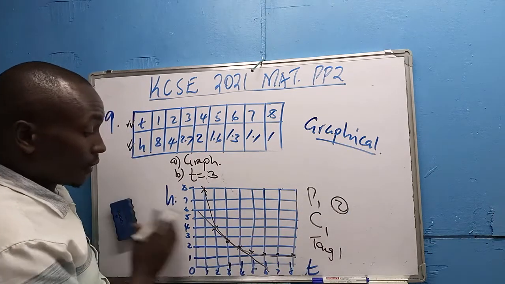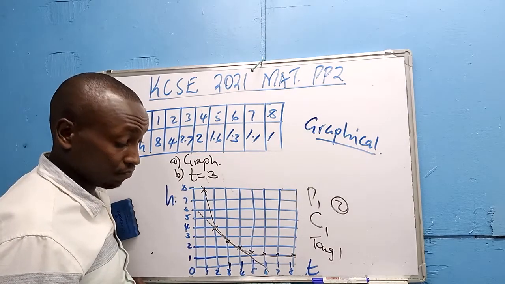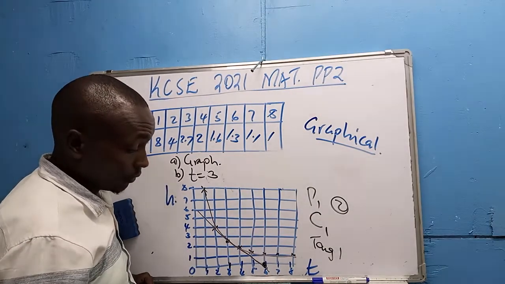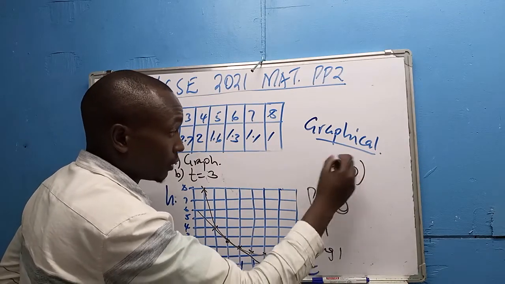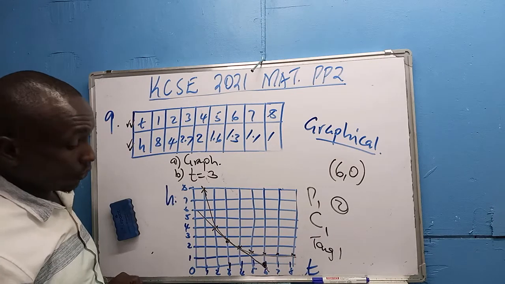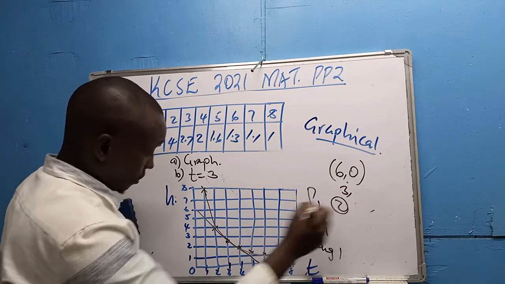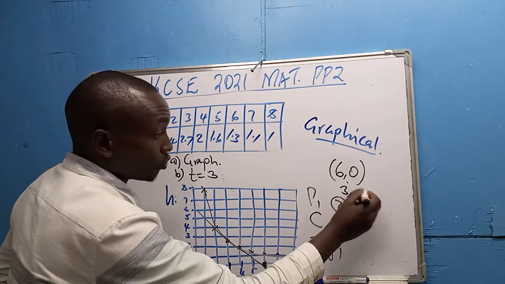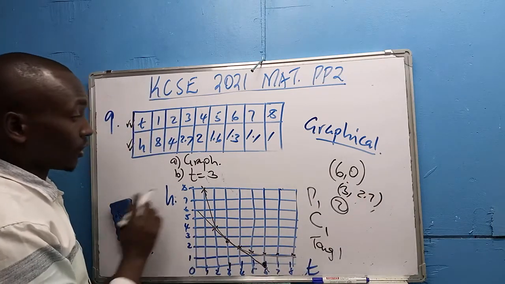Now, how do you get the rate of change? It is the gradient of that tangent. For the accurately drawn tangent, it was passing through the point 6, 0, and through the point 3, 2.7. So it was a matter of finding that gradient.